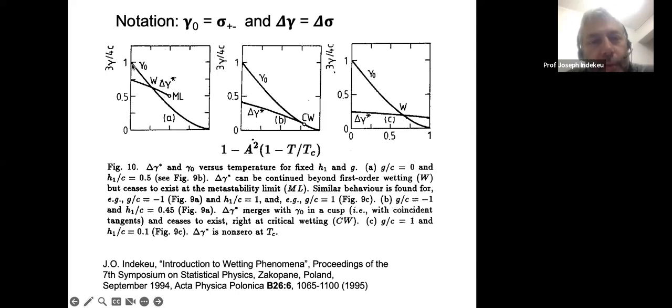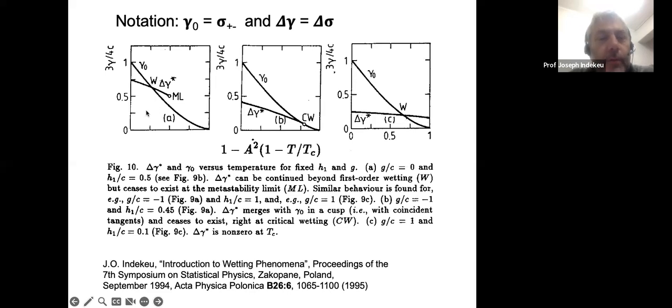So gamma 0 is the plus minus interfacial tension, which goes to 0 with an exponent 3/2 as you approach the bulk critical point, which is here at the end of the scale. And so the gamma 0 is the same in these three pictures. And that's just the plus minus interfacial tension. Then the delta gamma star is this curve here, or this curve here, or this curve here.